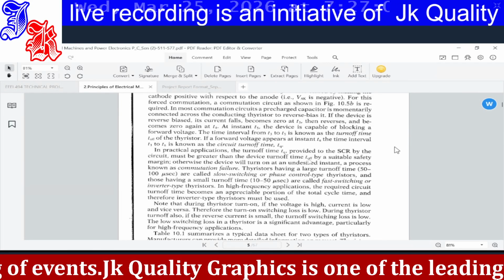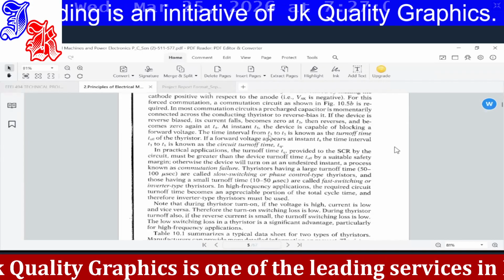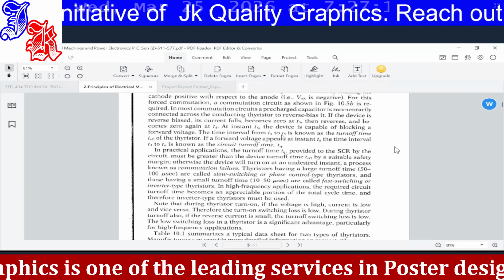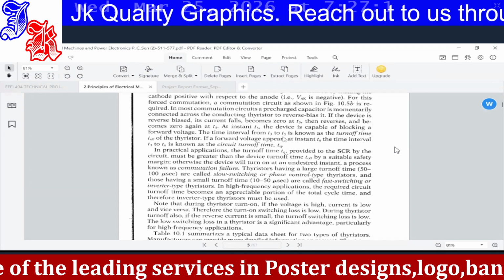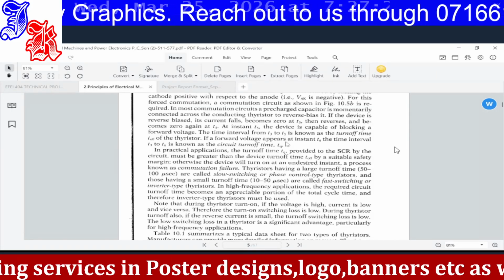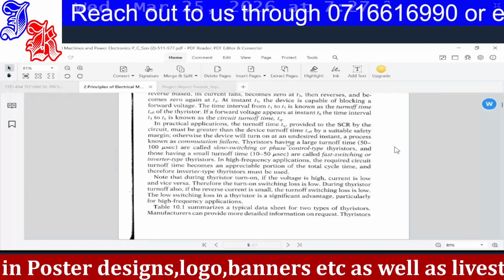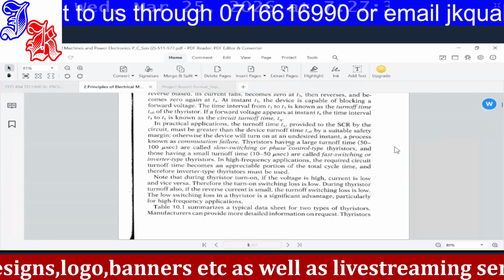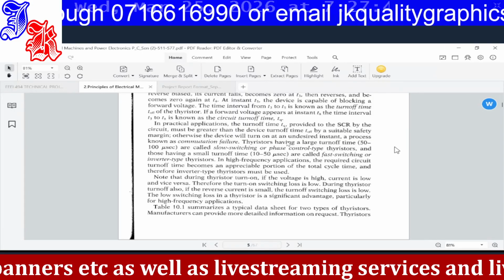So that is how we can be able to switch off the thyristor by ensuring that we turn it off, and also at what point we inject the forward voltage, at what point it gains full blocking capability of the forward voltage. And to be sure and safe, we normally bring in a commutation circuit to ensure commutation happens and you're able to block any forward voltage that can happen.